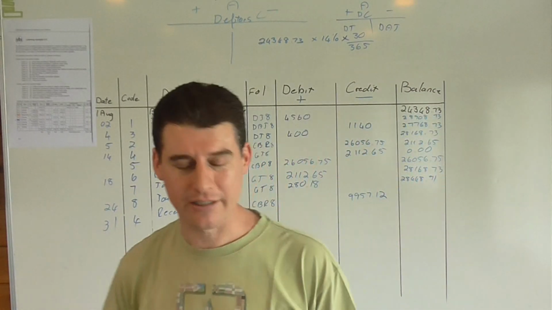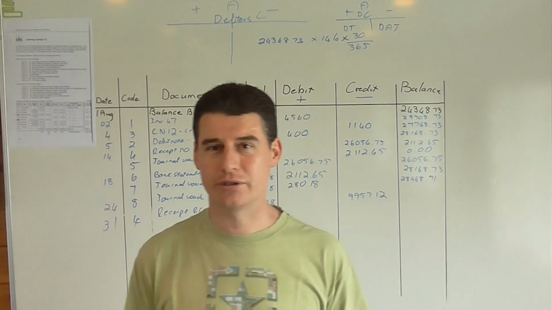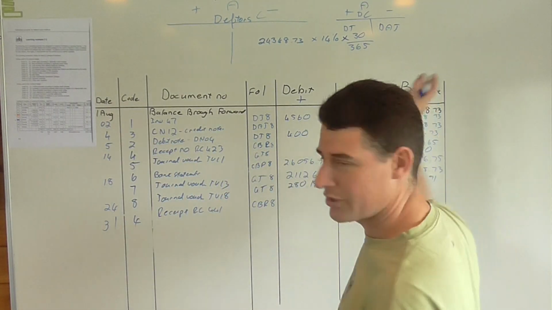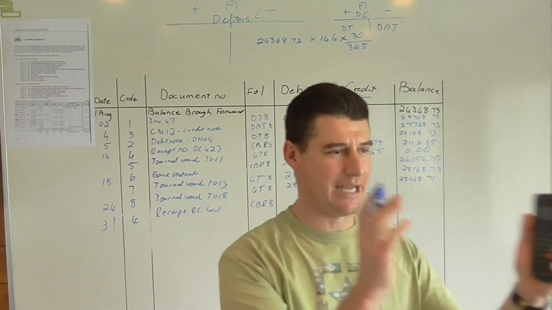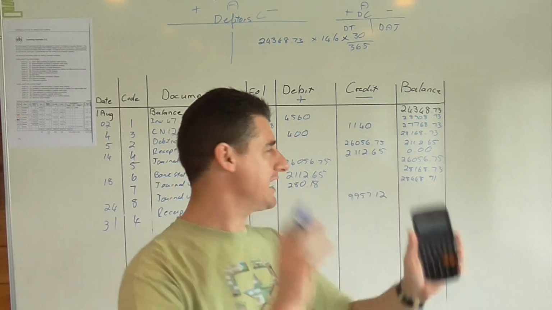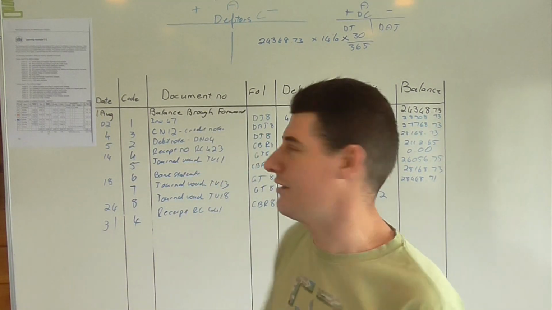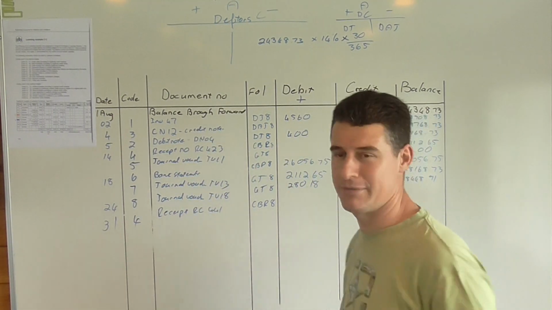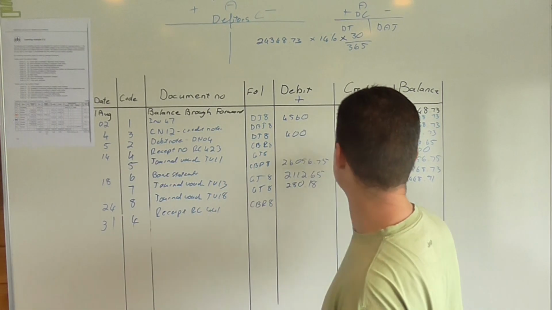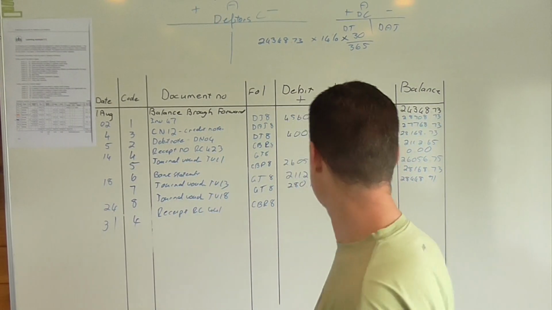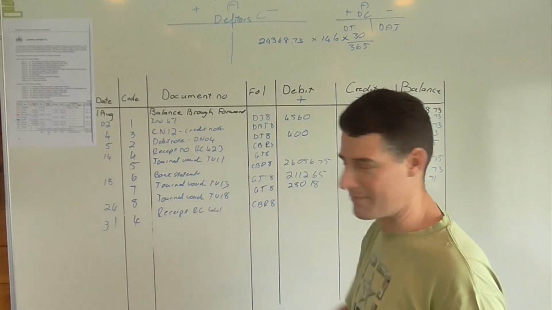Remember, if you don't know what to do, always go back to your T accounts. If you're unsure, just draw your T accounts and see what's happening to my debtors. Also think, is my debtor increasing or is my debtor decreasing? As simple as that, and remember it's always the VAT inclusive amount.